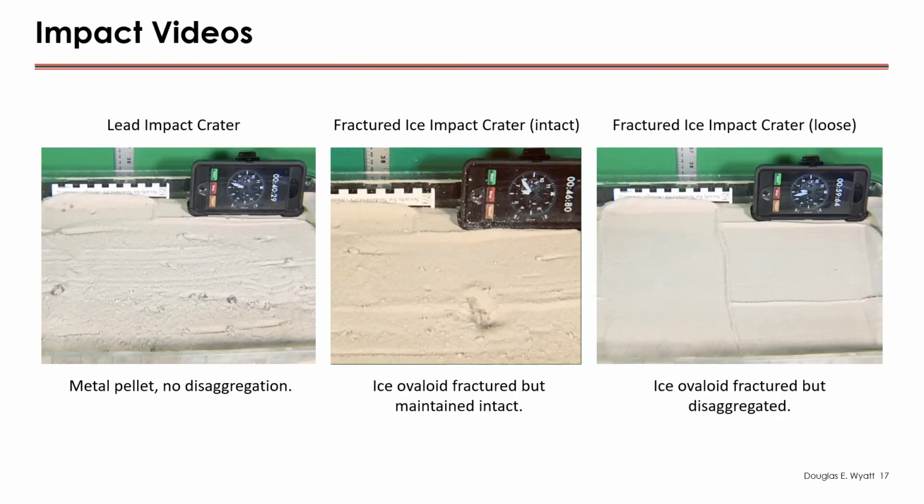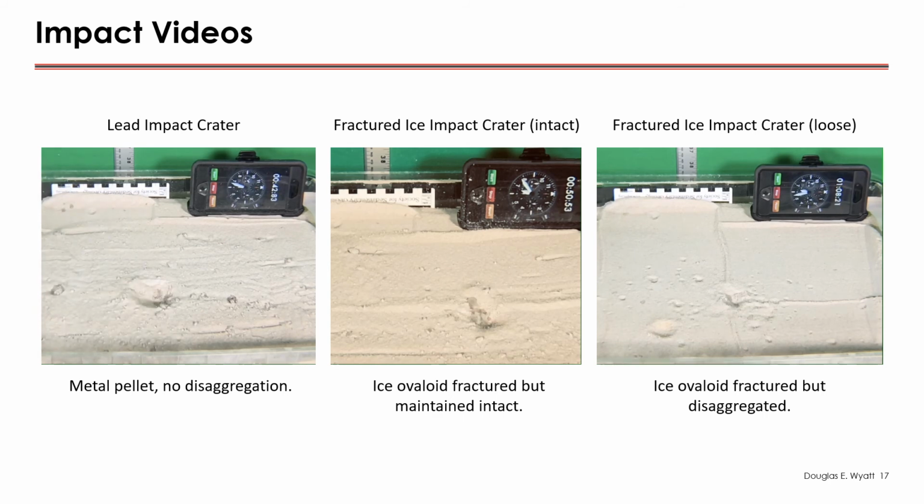This image shows you some of the impacts as they happened. I used lead shot as a test case to see if the concept was going to work. And then I used ice ovaloids, little ice balls, as my comet. One thing we discovered was that the ice balls were much harder to aim, so I was using a slingshot as an impulse source, and you could see the velocities we obtained in the previous slide.